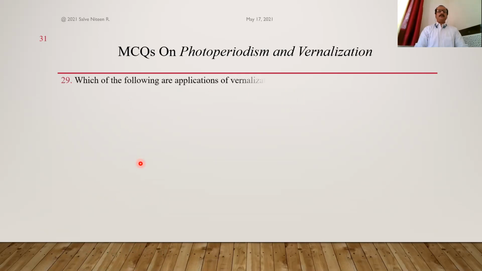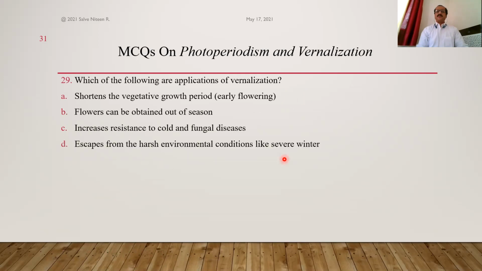Which of the following are applications of vernalization? Just like photoperiodism, vernalization also has applications. It shortens the vegetative growth period, early flowering, right? That is right. Flowers can be obtained out of season. It is also right. It increases resistance to cold as well as to fungal diseases. And vernalization treatment can help plants escape harsh environmental conditions like severe winter.